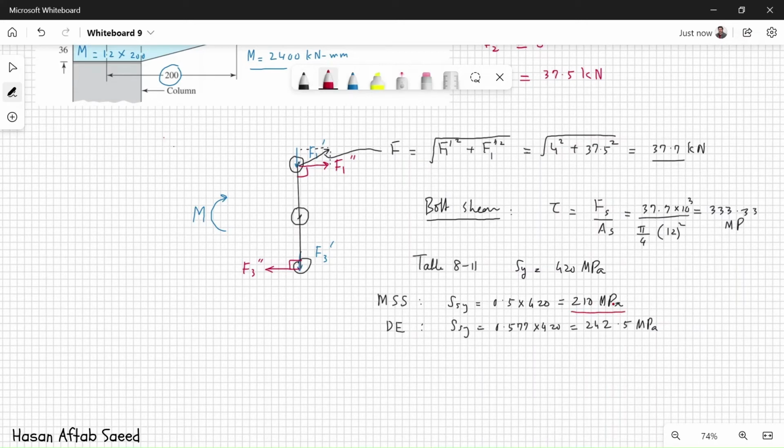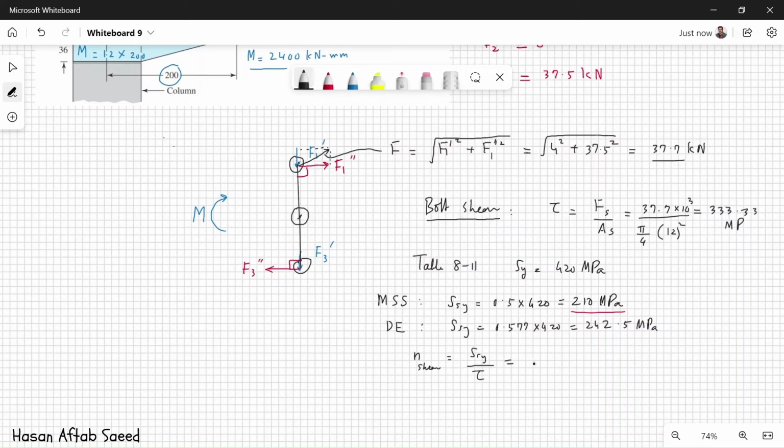So, using this value, factor of safety in shear turns out to be SSY, yield strength in shear, divided by the shear stress.